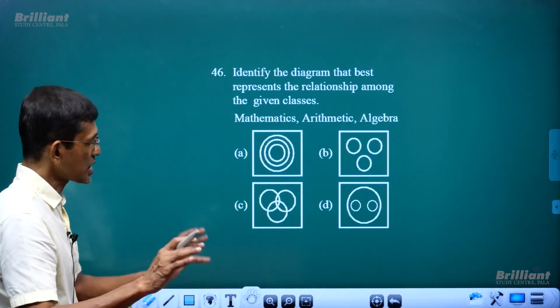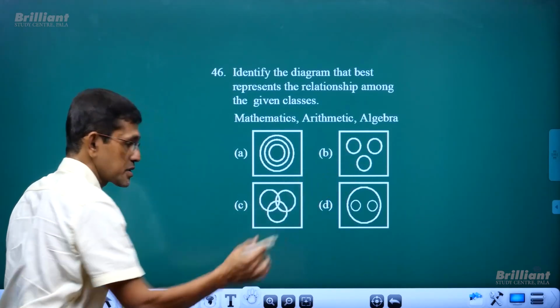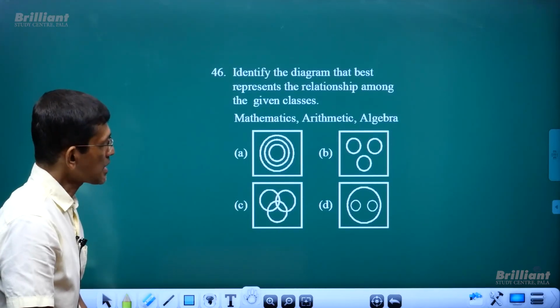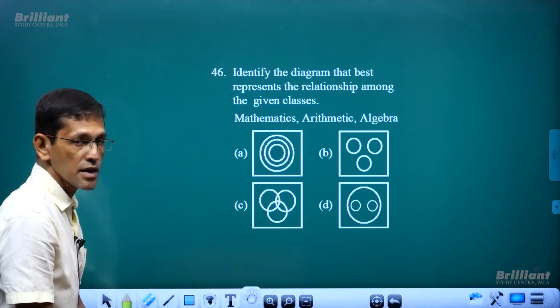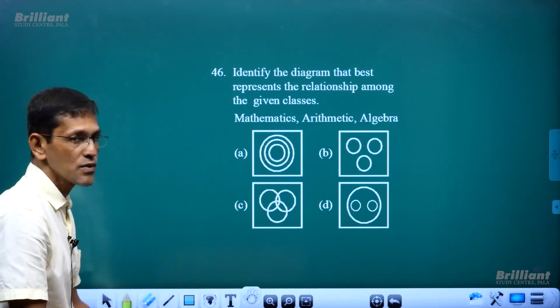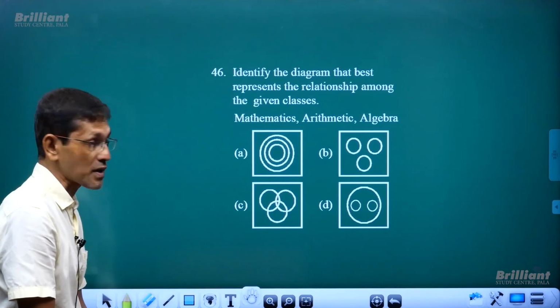Are they 3 different subjects? Or can arithmetics and algebra be considered as a part of mathematics? Definitely. I'm pretty sure you know that. You have learned that in school and plus 2 level. So what is it?